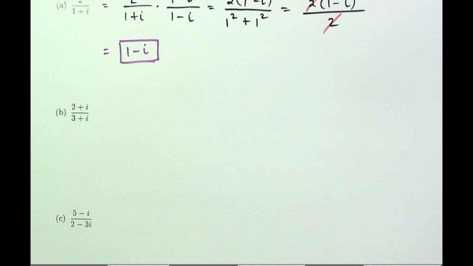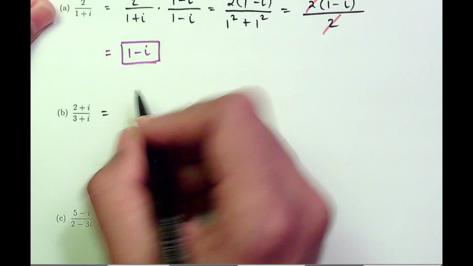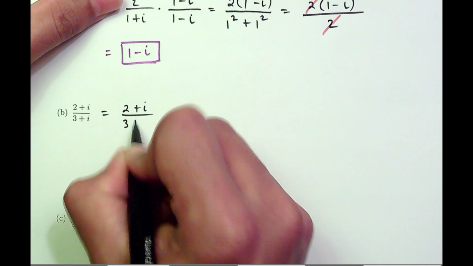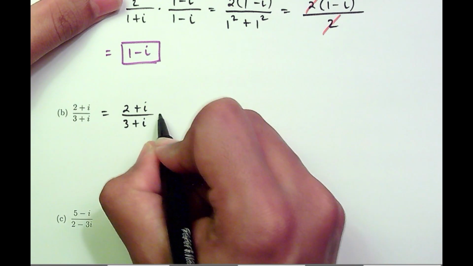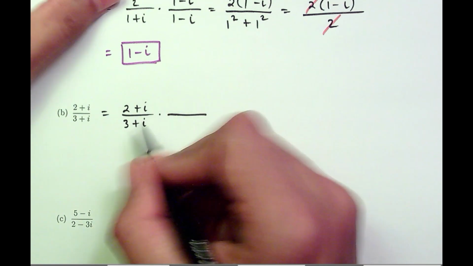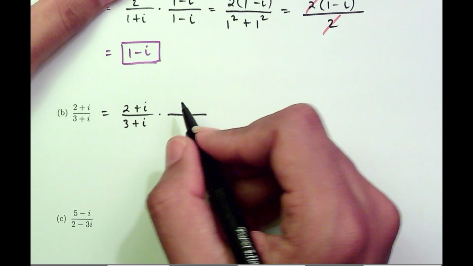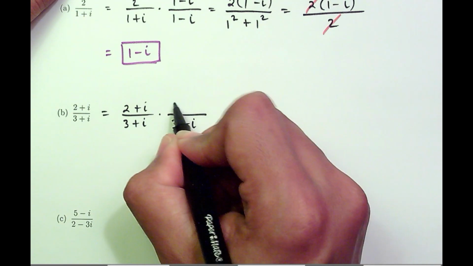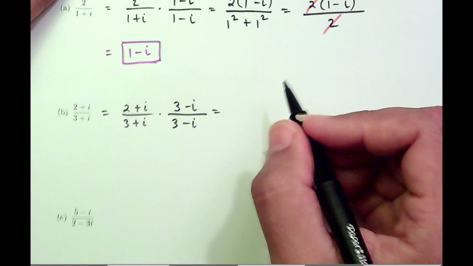Okay, so how about this one? So same thing. I'm going to copy it again for my convenience. And then we're going to multiply top and bottom by the complex conjugate of the bottom. The complex conjugate of 3 plus i is 3 minus i. So multiply top and bottom by 3 minus i.